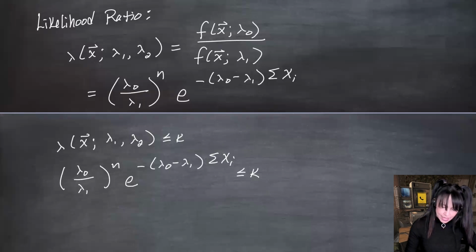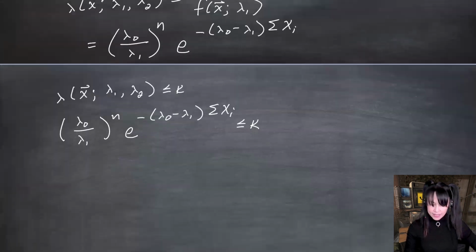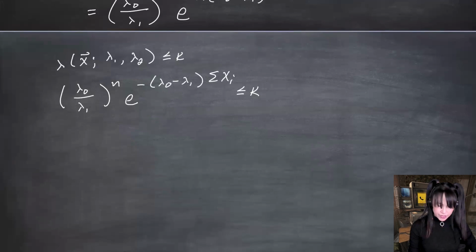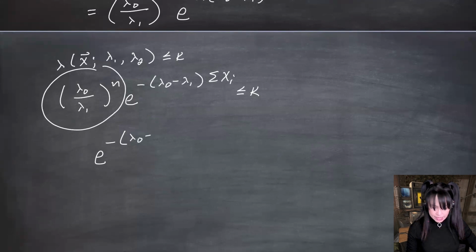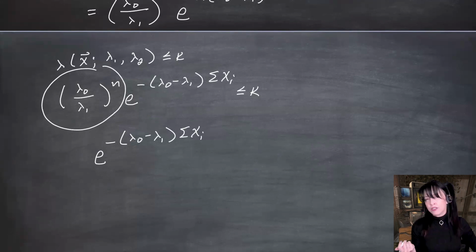So let's try to get a handle on k by simplifying this. This is going to be equivalent to, if I divide this to the other side, and remember, rate parameters for the exponential are always non-negative, so I'm not going to be flipping anything, I'll get e to the negative (lambda naught minus lambda 1) sum of the x's. Right now my x's are lowercase. I'm just doing algebra at this point. If you want them to be random variables, that's fine too.